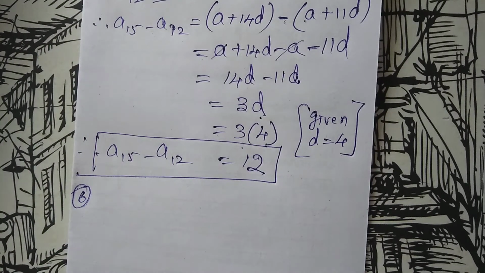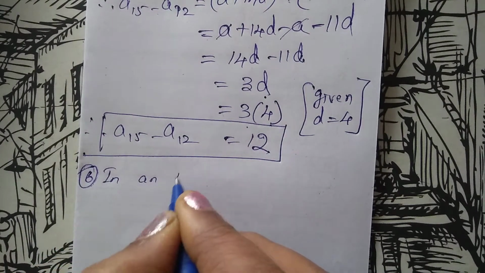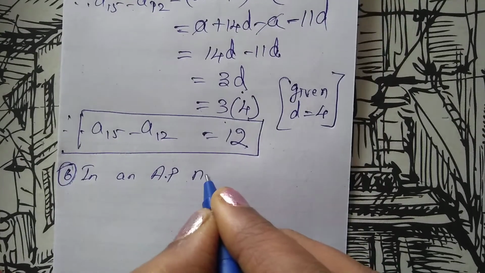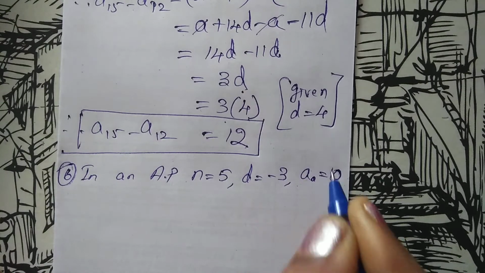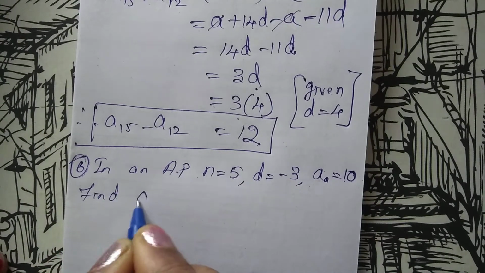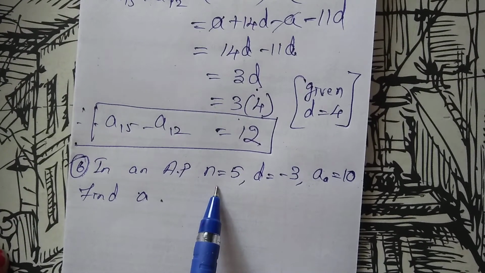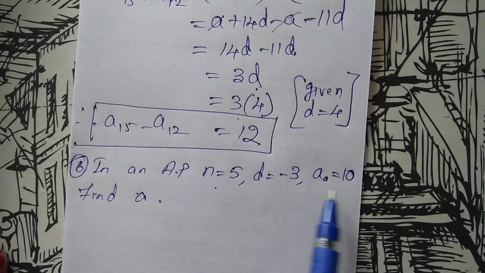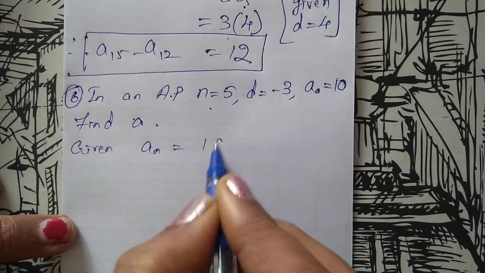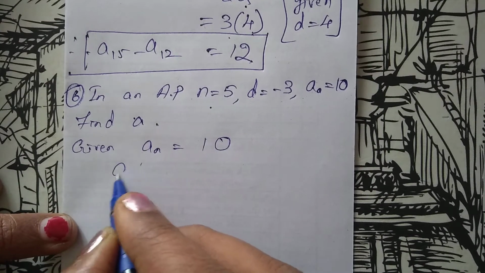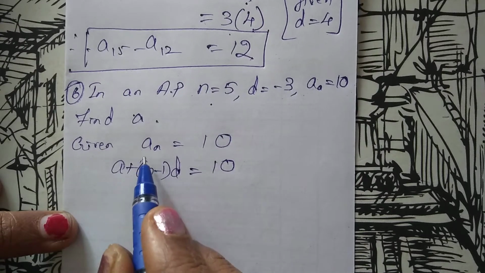Next is question number 6. In an AP, n is equal to 5, D equal to minus 3, an is 10. Find A. So what is given for us? An is 10. What is An? A plus n minus 1 into D is 10. So what is A now?